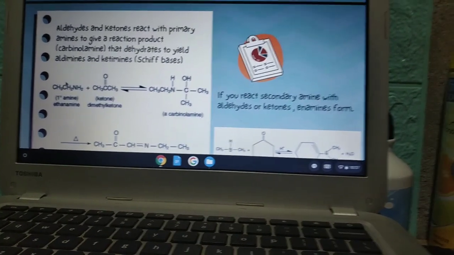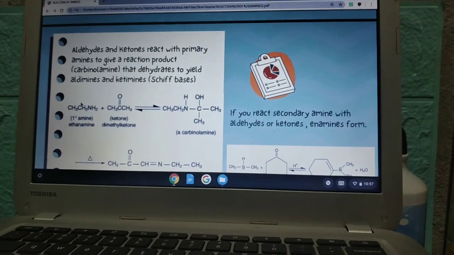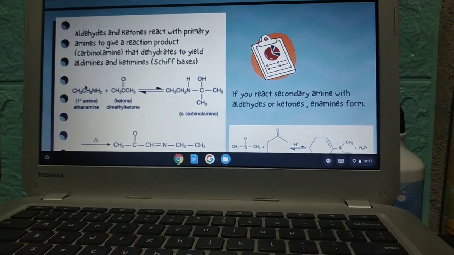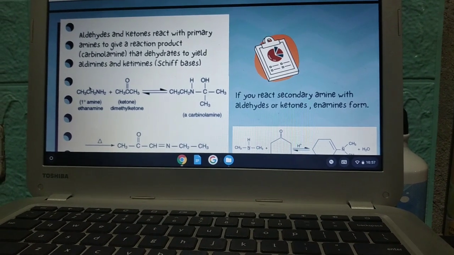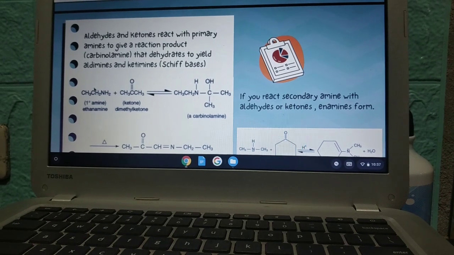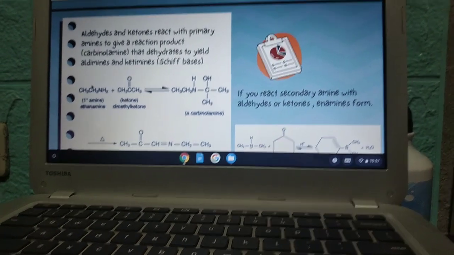So aldehydes. Aldehydes and ketones react with primary amines to give a reaction product, carbinolamine, that dehydrates to yield aldimines and ketimines, Schiff bases.